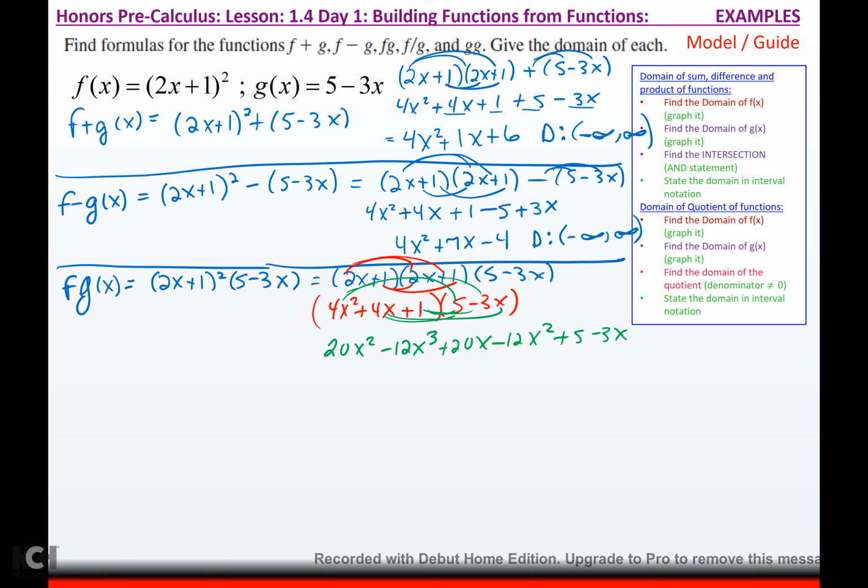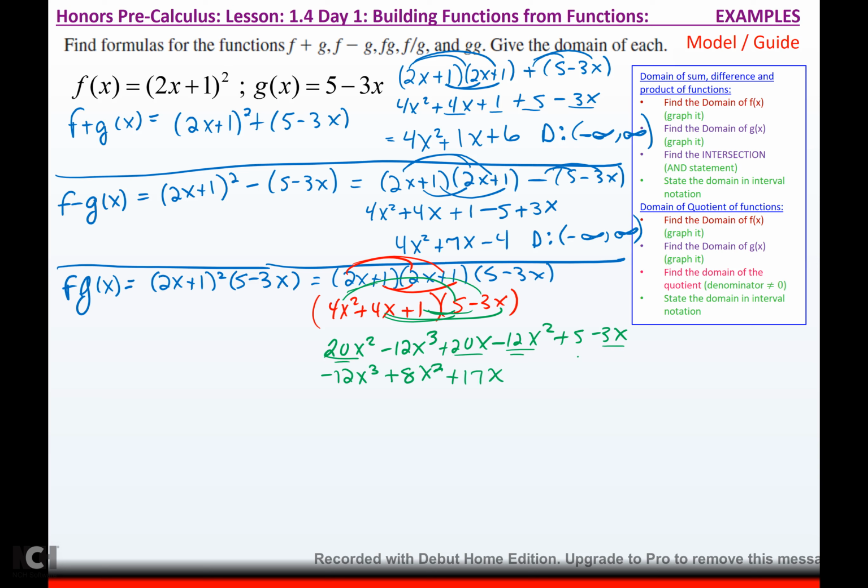Combine like terms, and I'm going to get negative 12x cubed. I have 20x squared minus 12x squared, which is going to be positive 8x squared. I have a positive 20x and a negative 3x, which is going to be positive 17x.